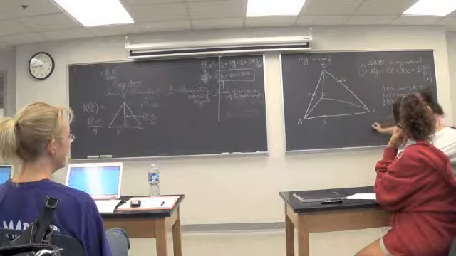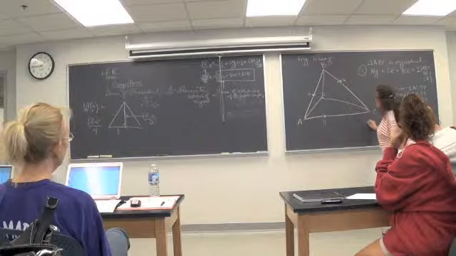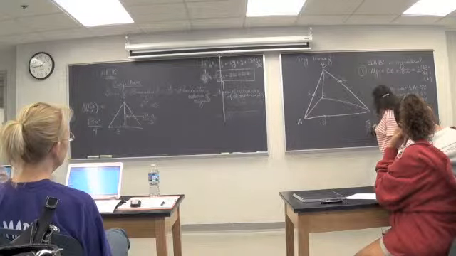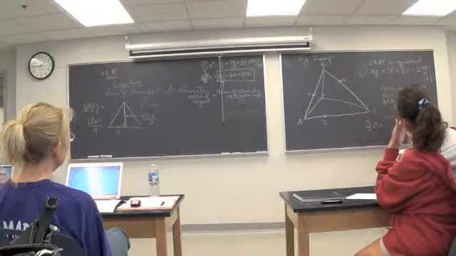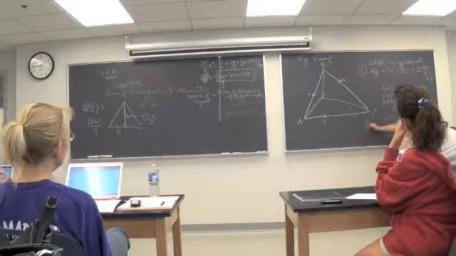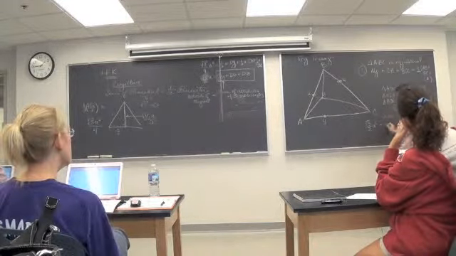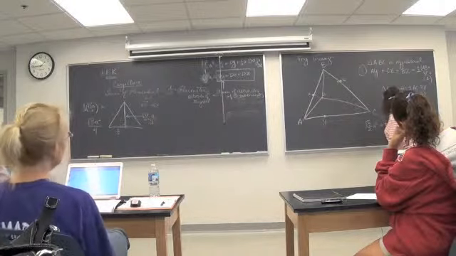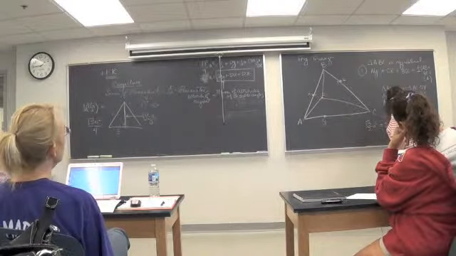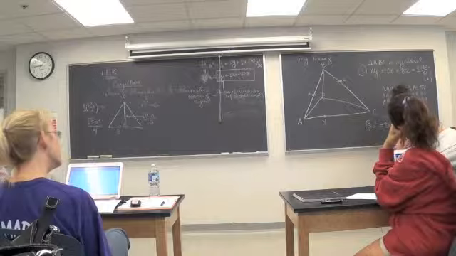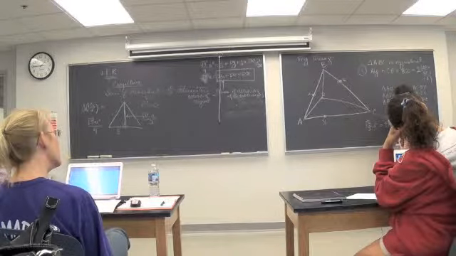This is square root of 3 over 2a squared, right? Or, no, it's just 2a squared. And this is 1/2 ac times, just call it A. Oh, yeah.